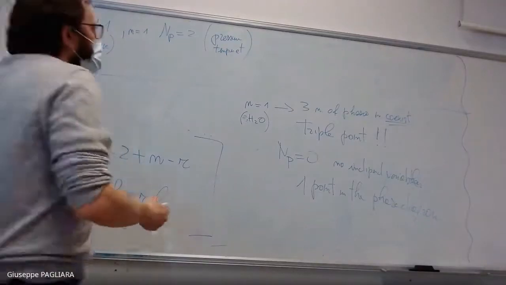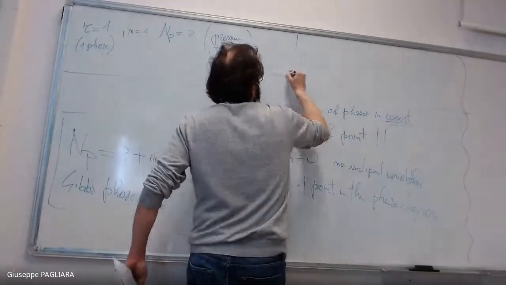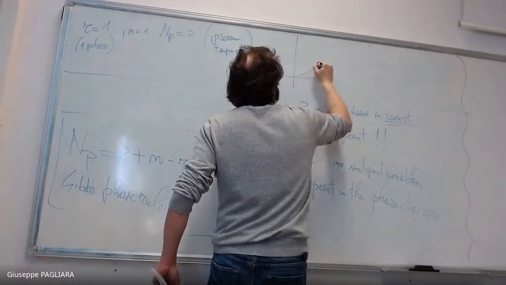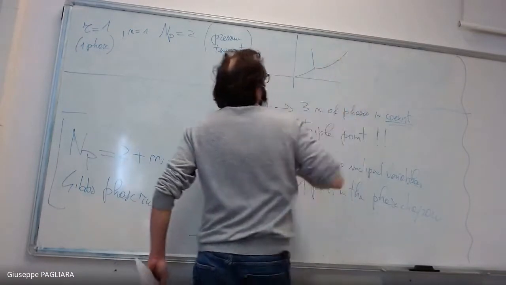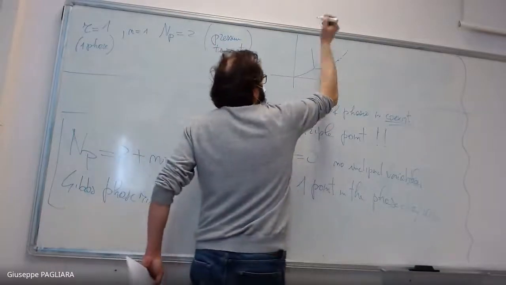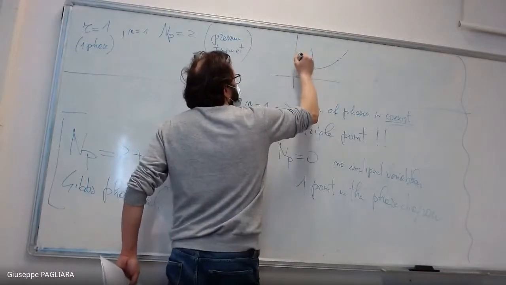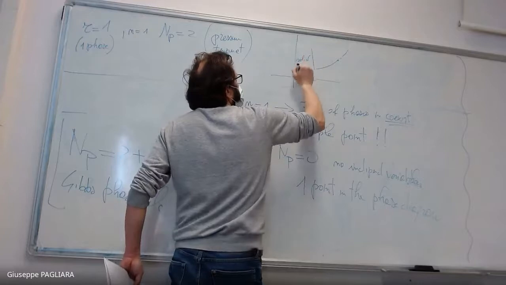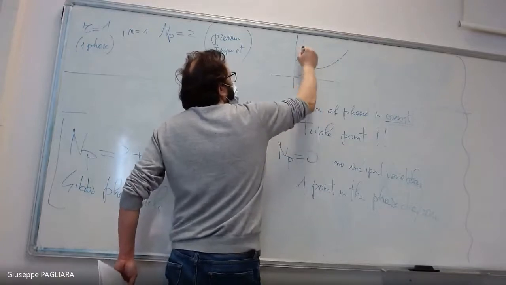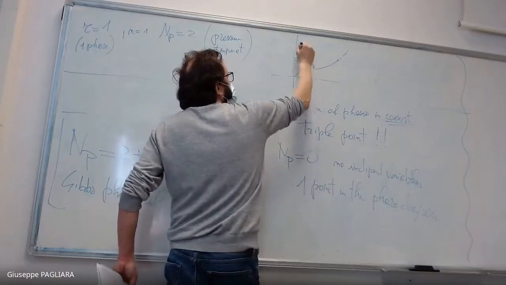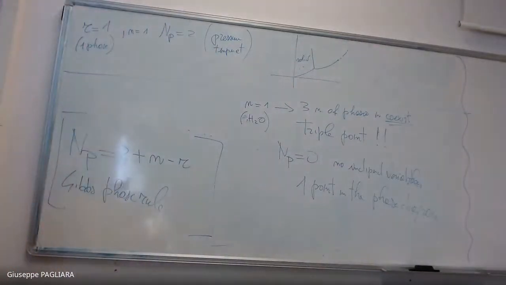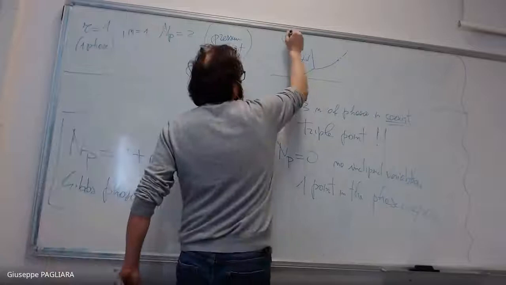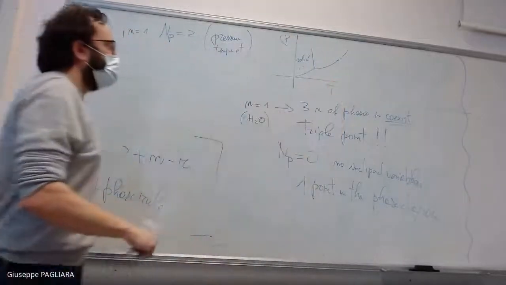And indeed, in the phase diagram, let's make the usual water phase diagram. If I am, for instance, in the solid phase, in the solid ice, for a single phase, one component, each of these points is specified by 2 numbers, the pressure and the temperature.